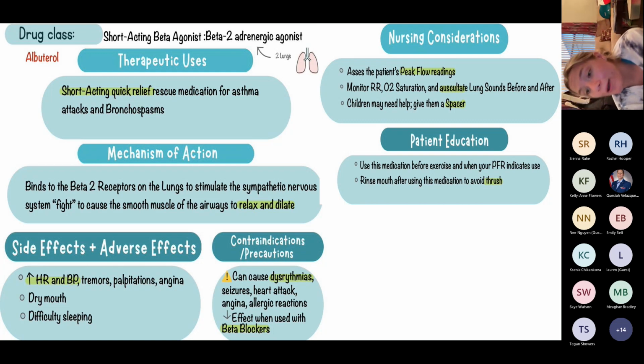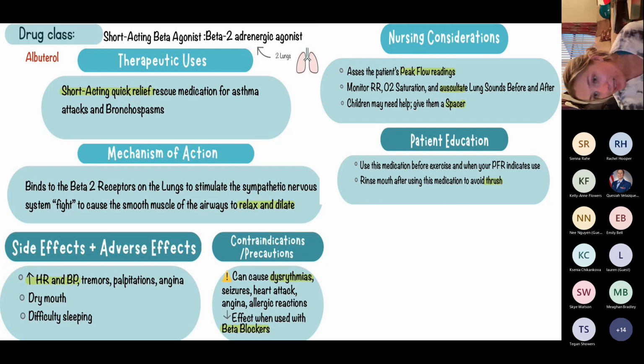So, first, we're going to talk about our short acting beta agonist, our SABA, our salmeterol. We talked a lot about this in Complex Health 1, but to reiterate, this is short acting, meaning it acts very fast. It helps open up the airway, okay? Unfortunately, it can cause an increase in heart rate, blood pressure, and can cause some dysrhythmias, okay?